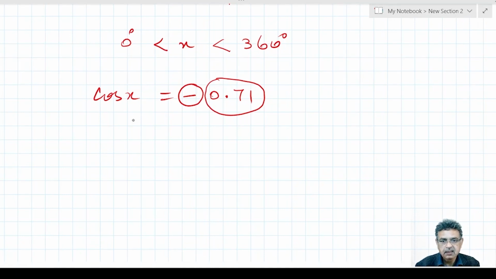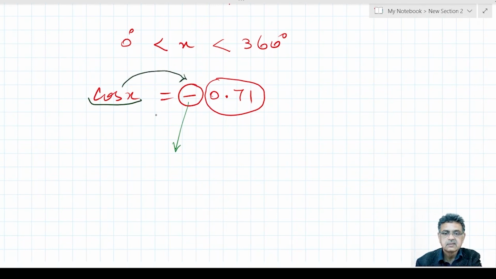How is it? This negative sign tells you which quadrant cos x lies in. Value of cos x is negative.